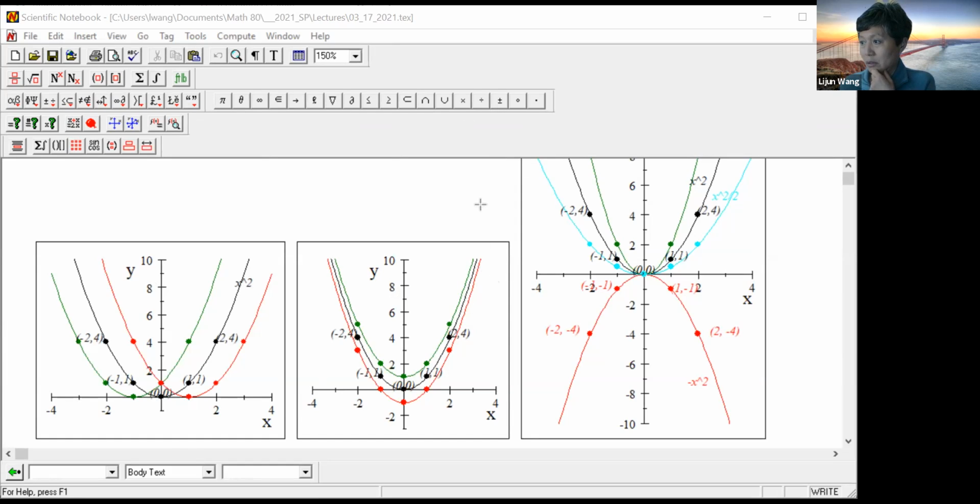The red, let's do the black first. The black, this guy is x squared. The green should be this guy.